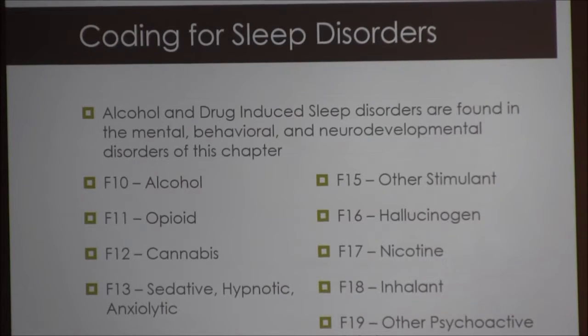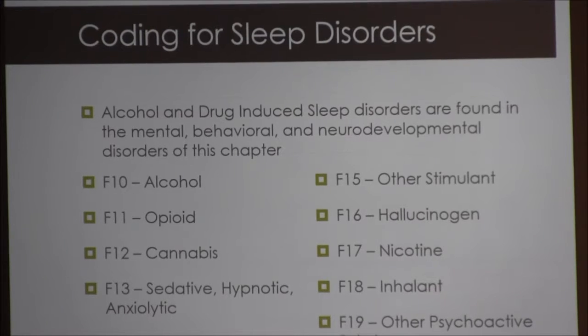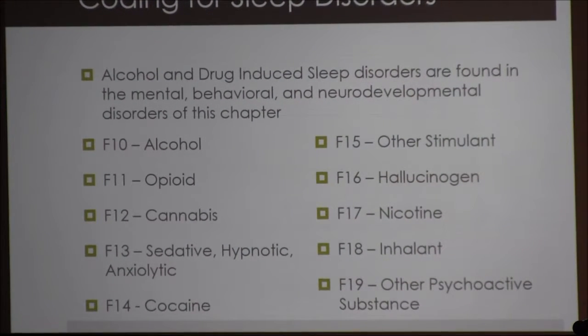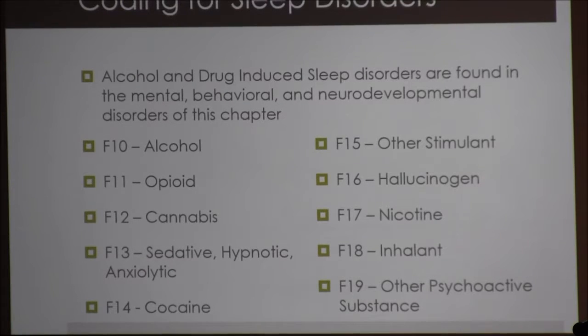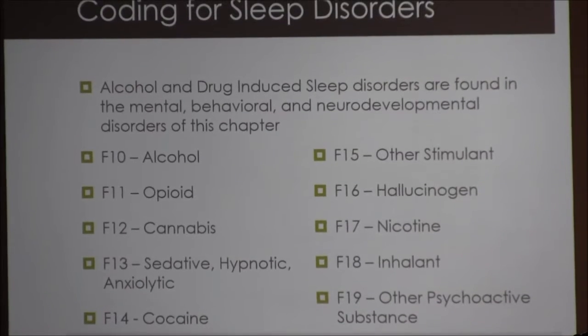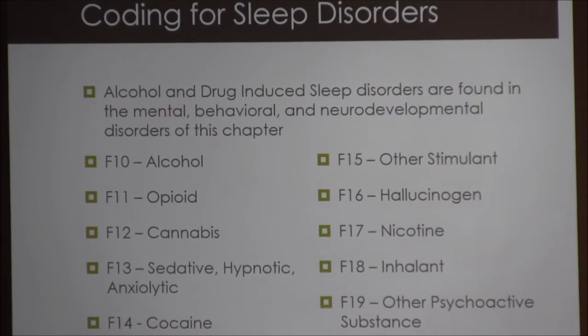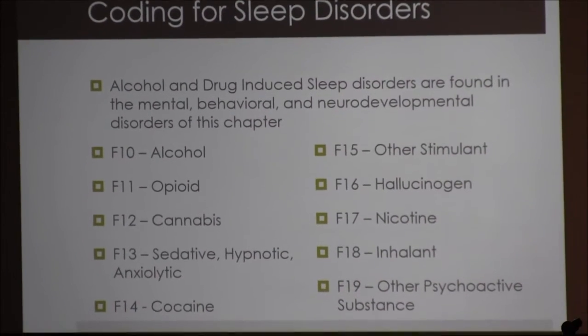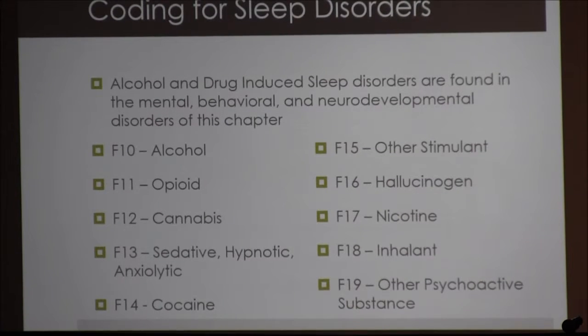So F10 to F19, these are the alcohol and drug-induced sleep disorders. They're found in the mental, behavioral, and neurodevelopmental disorders section of the chapter. As is mentioned, alcohol, opioids, cannabis, sedatives, hypnotics, anxiolytics, cocaine, other stimulants, example that I had mentioned from before, hallucinogens, nicotine, inhalants, and other psychoactive substances.